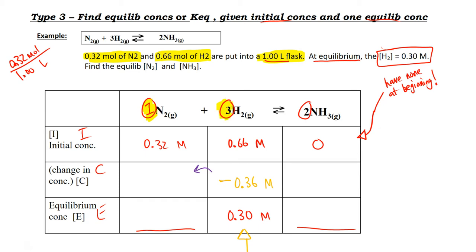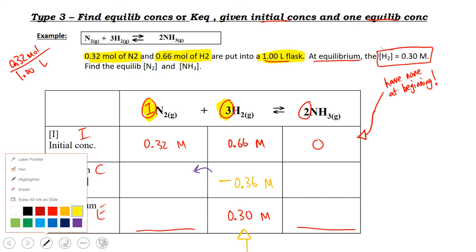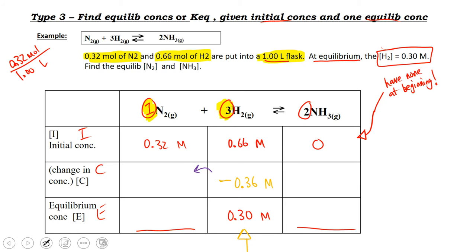It's really, really important that these amounts in this middle row follow that ratio. So for example, it can be 1 and 3, it could be 100 and 300, it could be 0.1 and 0.3. Whatever they happen to be, they have to follow that ratio.